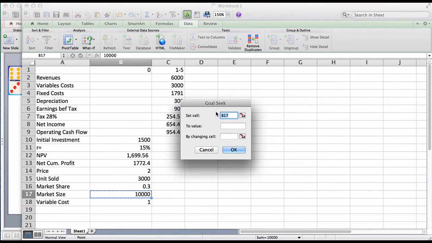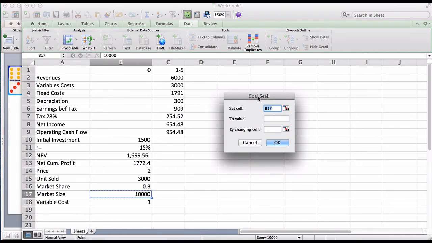What I want to do is set the break even, so we're wanting to find the number of units sold that leads to a break even. We'll start off with the accounting break even first. So we're going to set this cell equal to 0, because that's break even, by changing this cell, so the number of units sold.